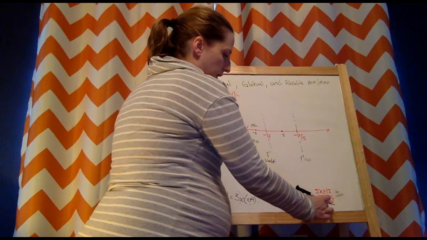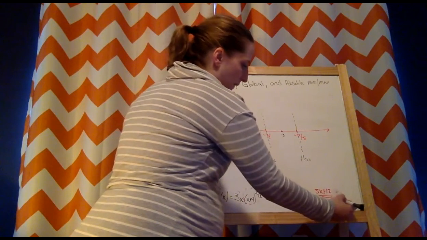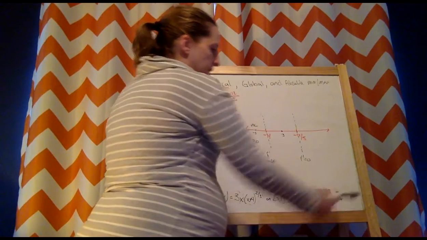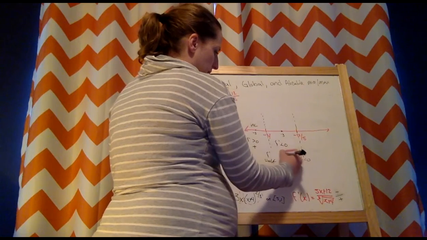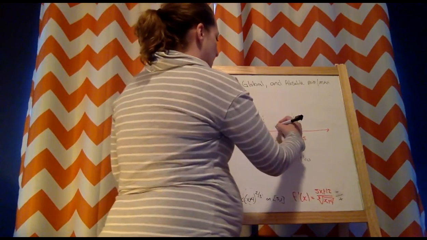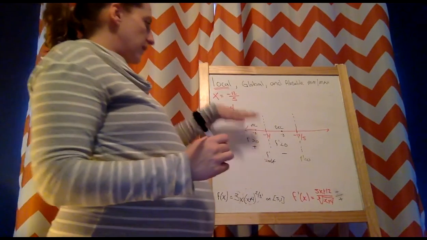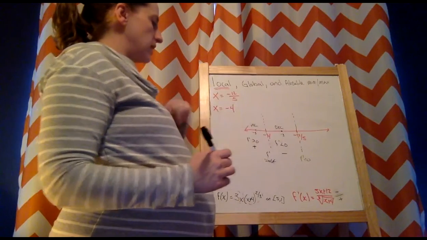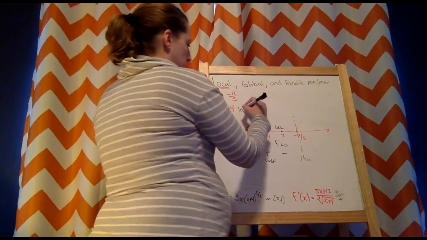Plugging -3 in down here, -3 plus 4 is +1. Cube root of +1 is positive. Negative divided by positive is a negative. So my derivative is less than 0, a negative, meaning my function is decreasing. That tells me right here that this, increasing to decreasing, is going to be a local max.